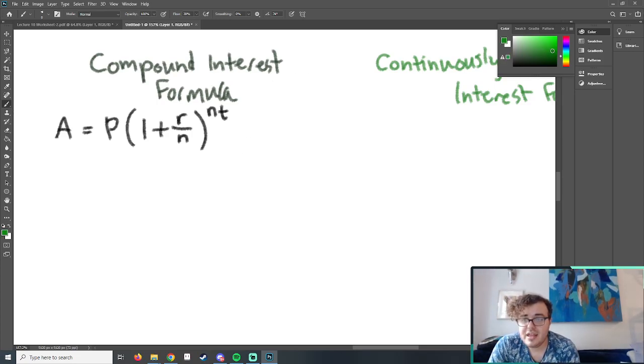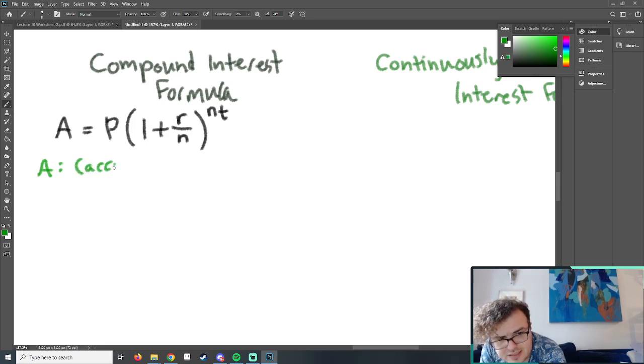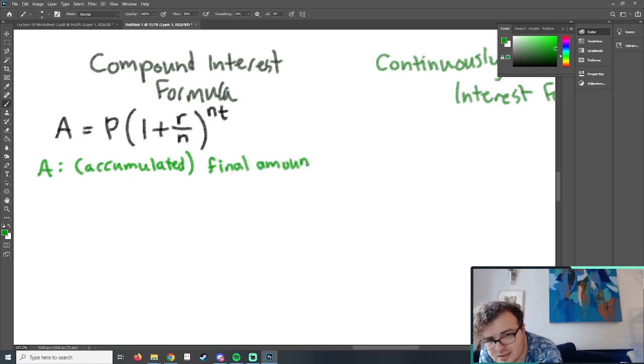So, A here, which usually stands for accumulated amount, is essentially the final amount of money. We're assuming this formula applies to when you put money into a bank account and it gains interest over time. So we use this formula to determine how much money will be in your bank account after t years if its interest rate is r and you deposited P. Again, I'll give all these definitions.